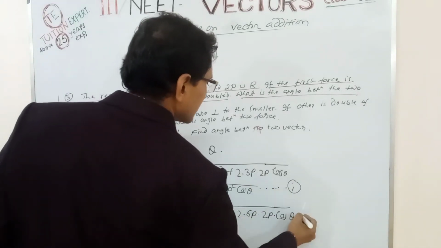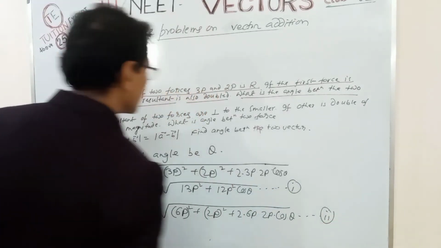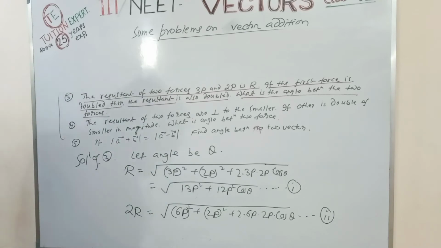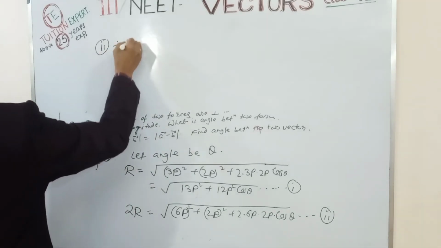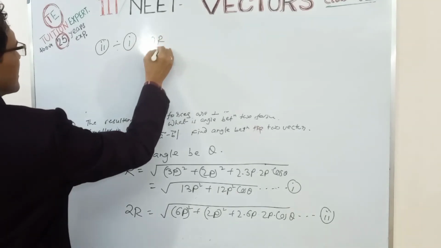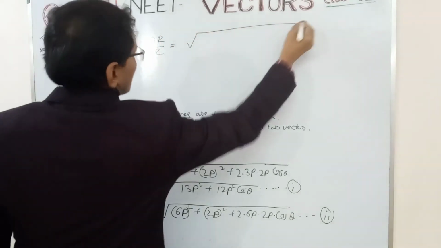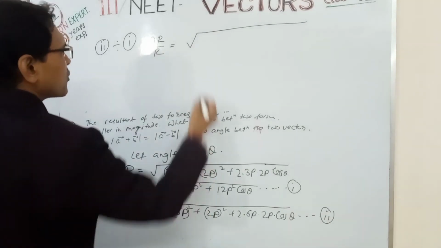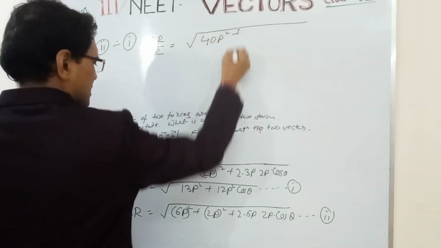So this is 1, this is 2, 2 divided by 1. 36p square plus 4p square, 40p square plus 20.